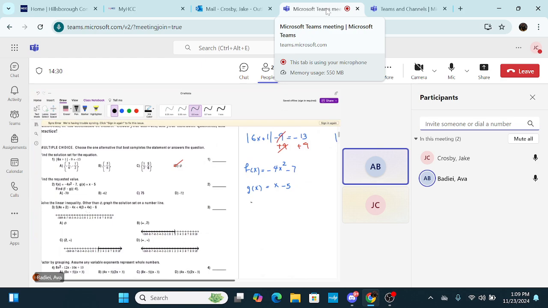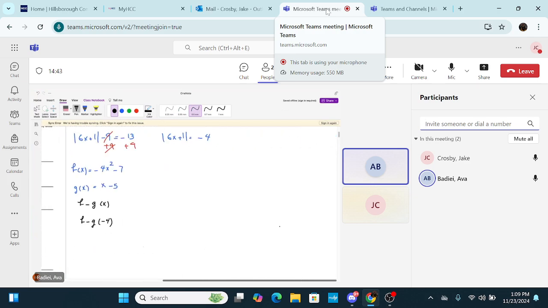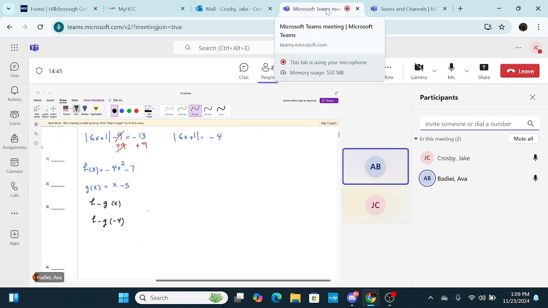So first we have to find f minus g of x, and then we have to substitute the negative 4. Now, do you know how we can do this one? Plug in negative 4 for x.